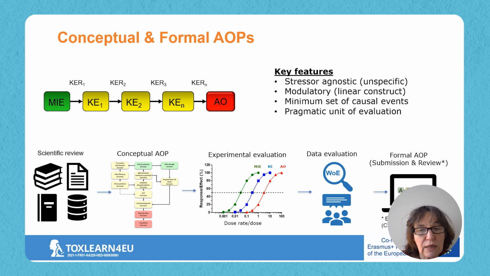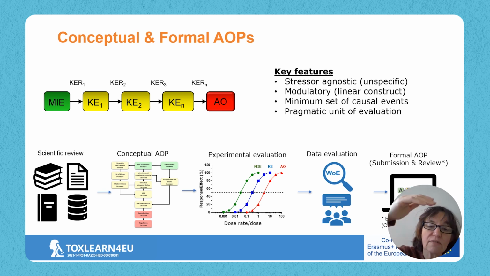You want to see, for example, that all the dose-response curves from the molecular initiating event up until the adverse outcome follow one after the other. Meaning that if you look at one level of effect, for example the EC50, the 50% effect level, you will see it at a lower dose for the molecular initiating event compared to the key events.